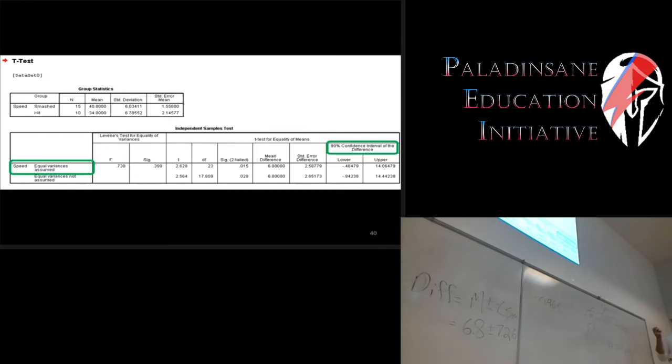It's not just going to give you straight up the answer anywhere here in SPSS, but we use the mean difference for the center of your interval, your point estimate, and then we use the upper and lower bounds to figure out your plus or minus portion of your estimate, basically the length of one of your arms.